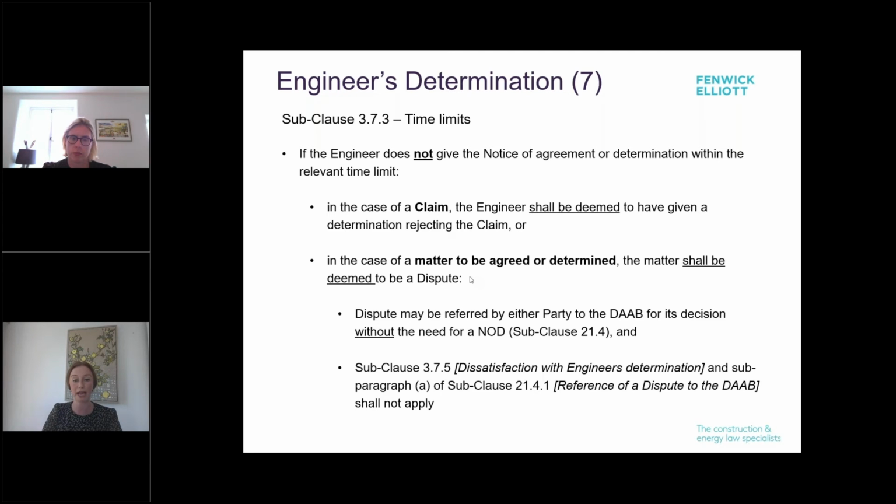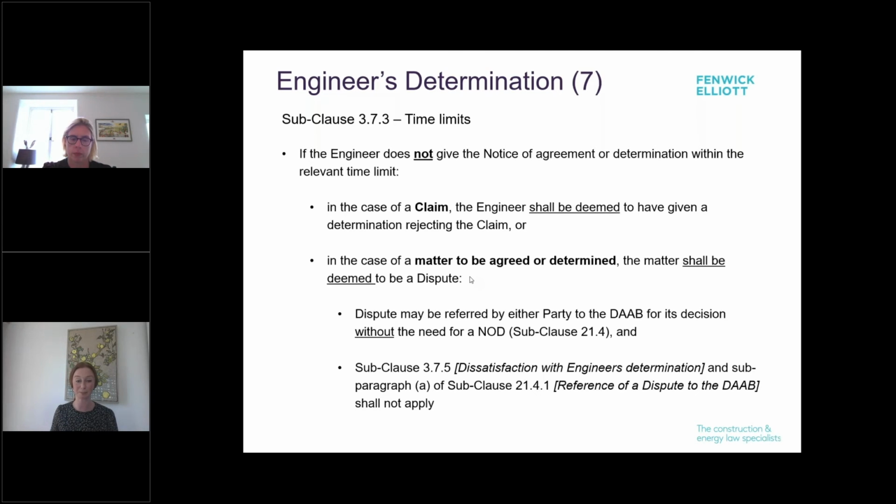And no further NOD. An NOD is a notice of dissatisfaction, which would otherwise be given if a party disagreed with the engineer's determination. So this NOD isn't required if a matter that is to be agreed or determined does not have a notice of agreement or determination issued in respect of it.